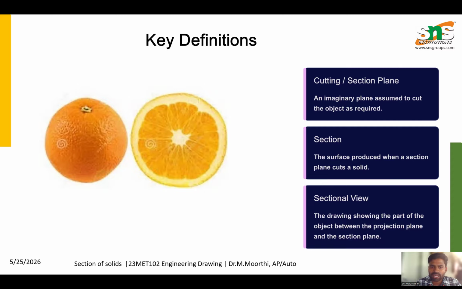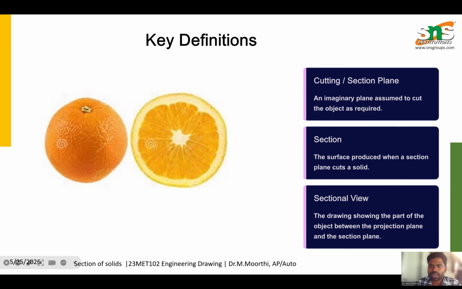Section of solids means we use a section plane or cutting plane to cut the shape with respect to the axis or base, whether it is parallel to the base, inclined to the base, perpendicular to the axis or inclined to the axis. Depending on the given conditions, we make the section and visualize the inner properties of the given solid. So for that case, the section of solids plays the major role.